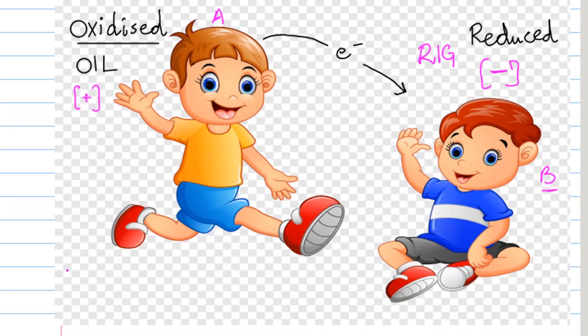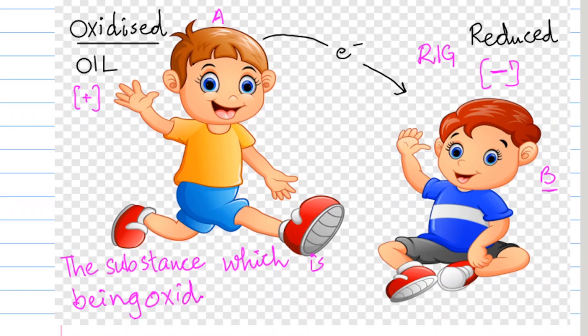So in the easiest way we can say that the substance which is being oxidized is called the reducing agent.